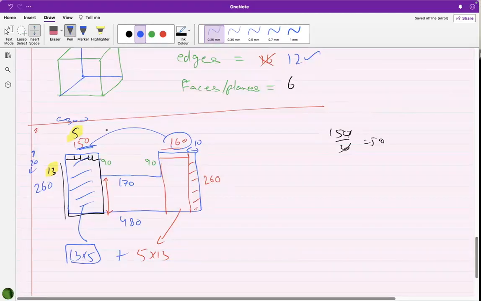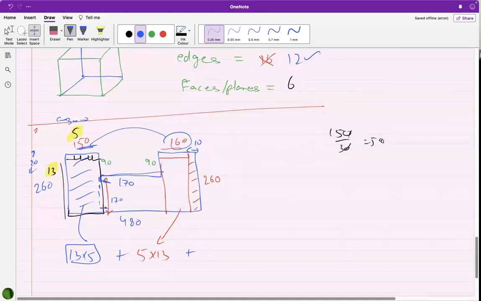So this is 150 and 150, and these are complete tiles. Plus, now I have this length as 170, and total was 260. So 260 minus 90, remaining is again 170. 170 by 170 on both sides. If I place 20 centimeter in this vertical direction, 20, 20, 20 again, 170 divided by 20 is 8.5.